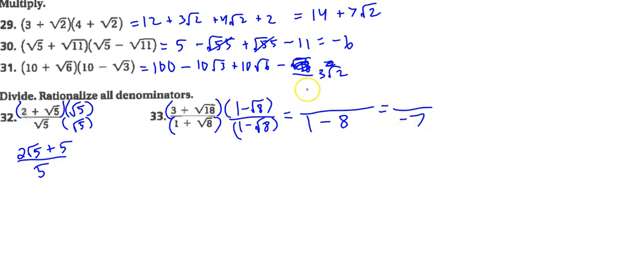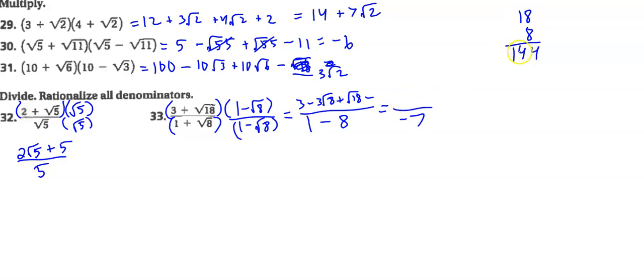Foil the top there. It's going to be 3 minus 3 root 8 plus square root of 18 minus whatever 8 times 18 is. Ooh, I like that.